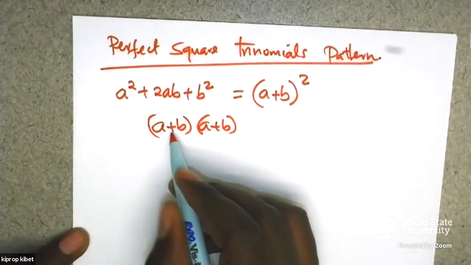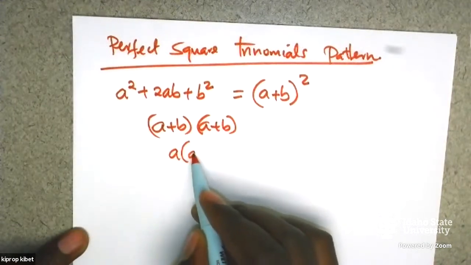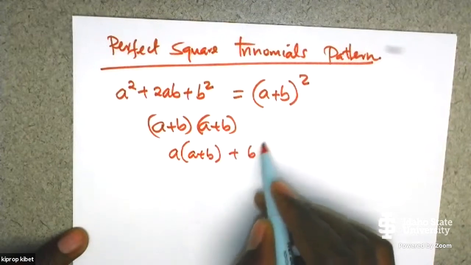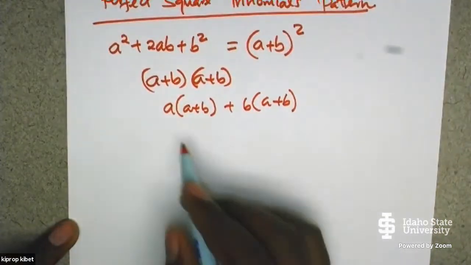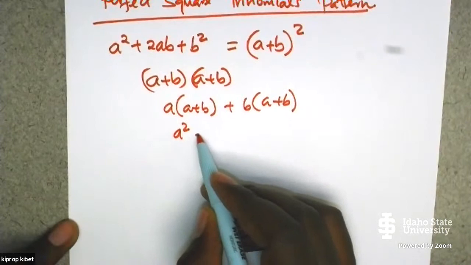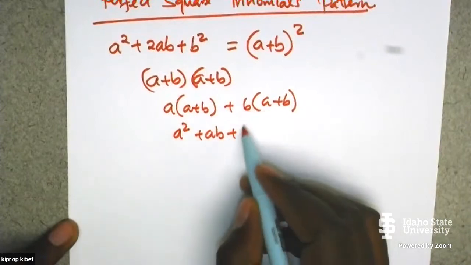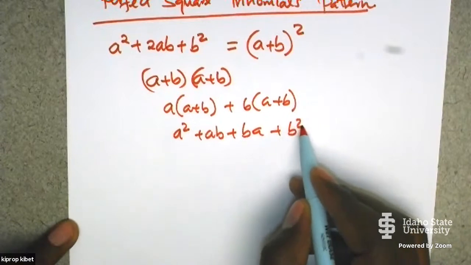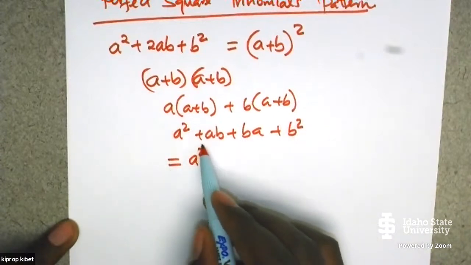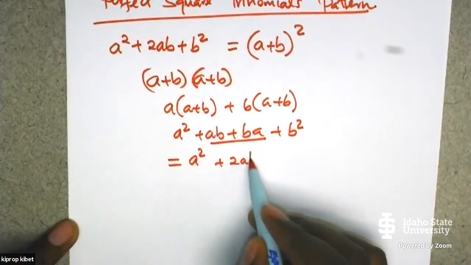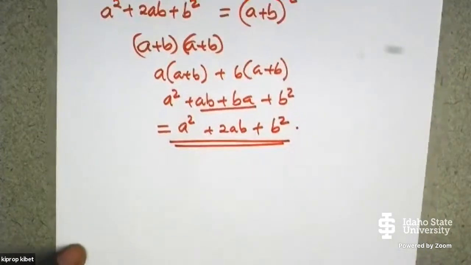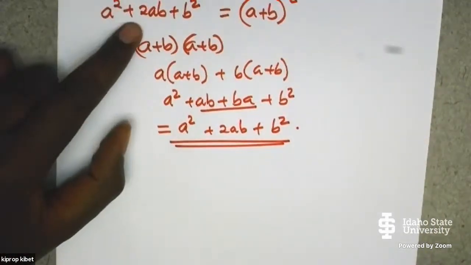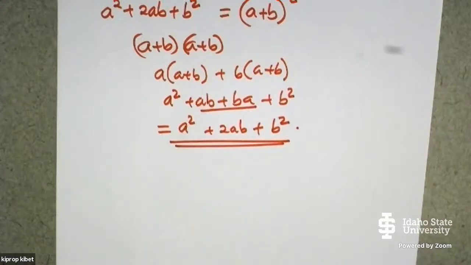When you expand this, you get a squared plus ab plus ba plus b squared, which is equal to a squared plus 2ab plus b squared. So a squared plus 2ab plus b squared is the same as a plus b squared.